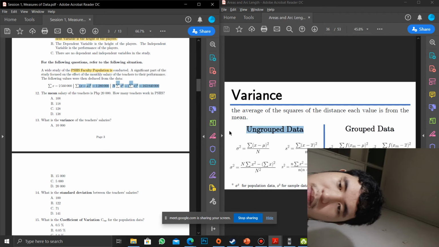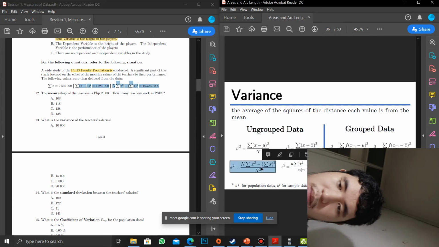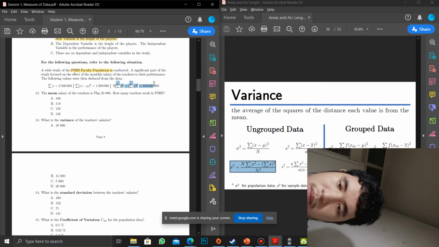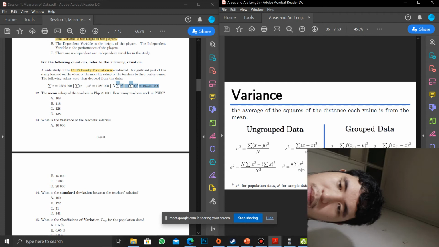Compare nyo sa formulas na nandito. Kita nyo? I hope that you get me. Pero see, plug and play. Substituting to the right formula among all of this. Okay? Sige, let's go.